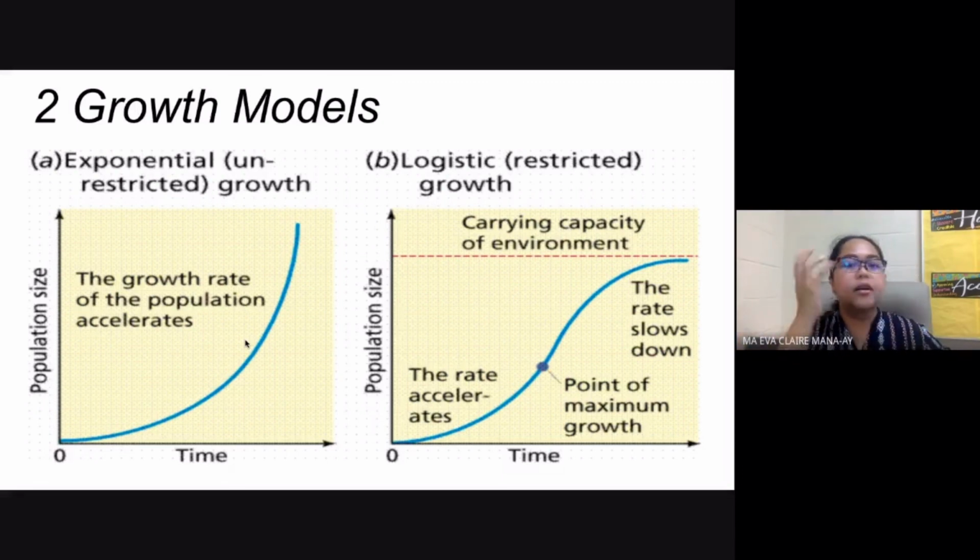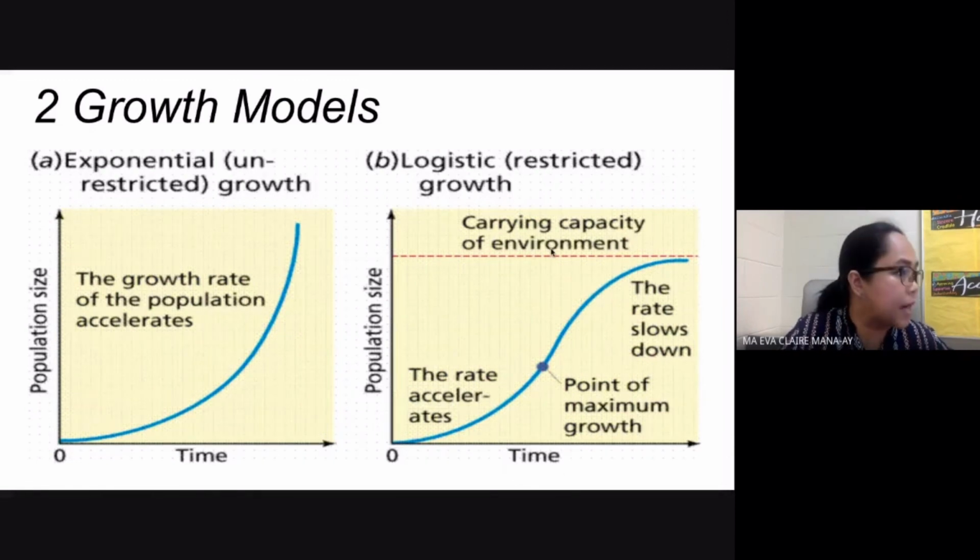Now the other form of model that we have here is logistic. This is your restricted growth. This type of model takes into consideration your limiting factors and your carrying capacity. So this is a more realistic model of growth rate. There is the rate of acceleration, then there's going to be a point of maximum growth, and eventually your population size is going to reach the carrying capacity of your environment.